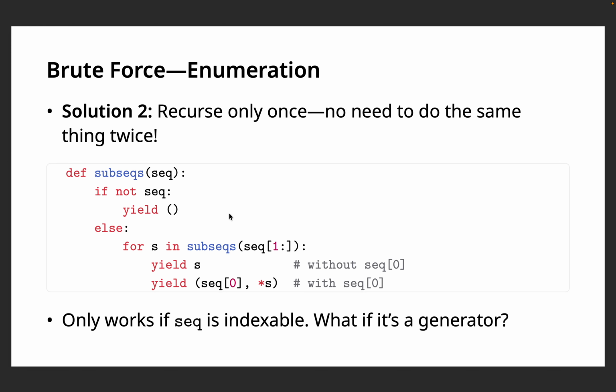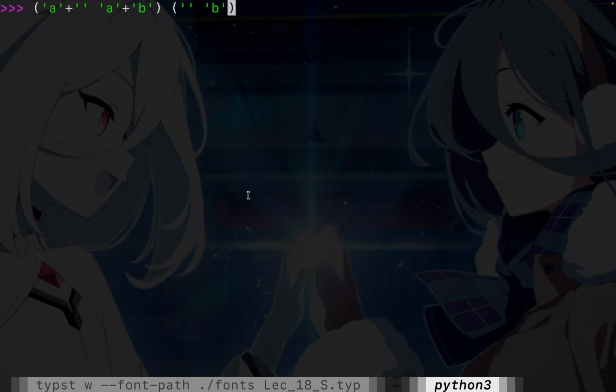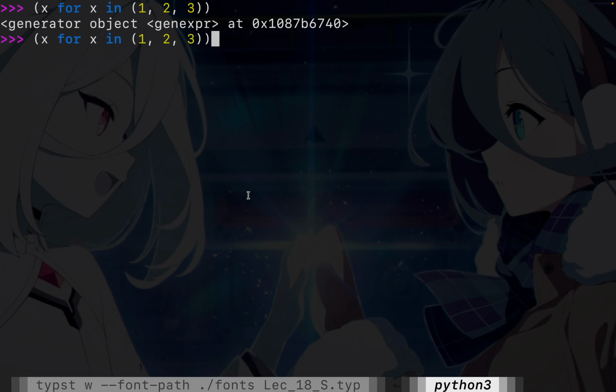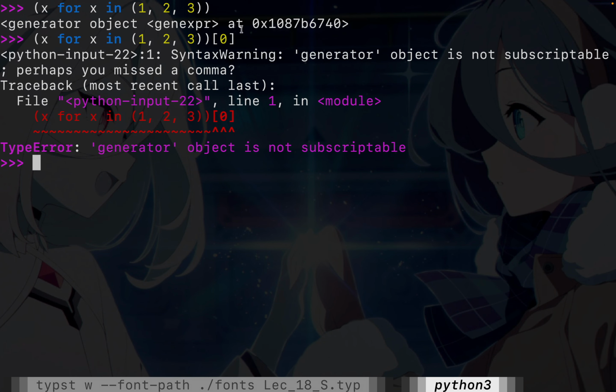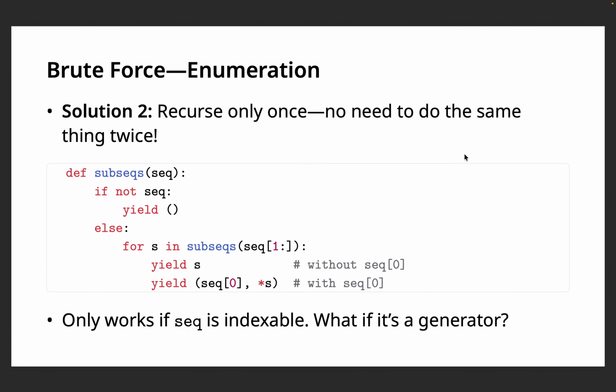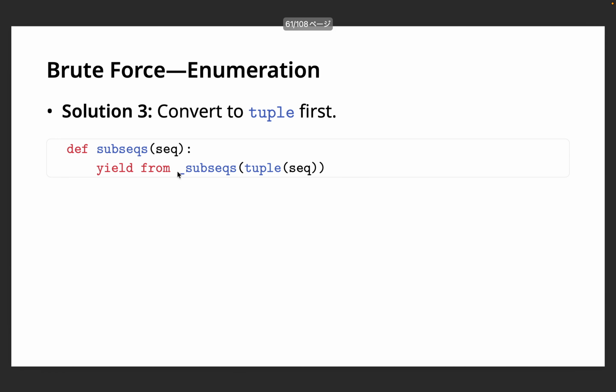Okay, so what other things can we try? This over here only works if we can index this sequence. If it's a generator, remember we cannot use indexing for generators. So x for x in 1, 2, 3. If we tried to access this by indexing, we would get an error. So how do we handle this for generators? Well, that's pretty straightforward. Just convert it to a tuple first.